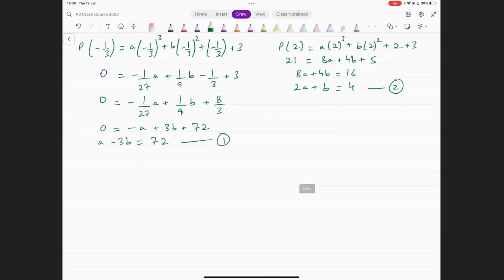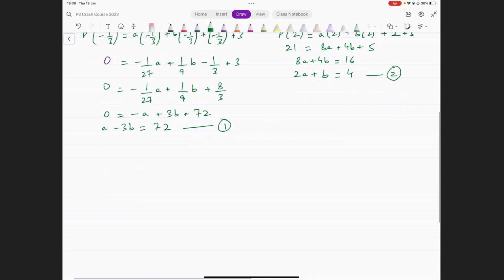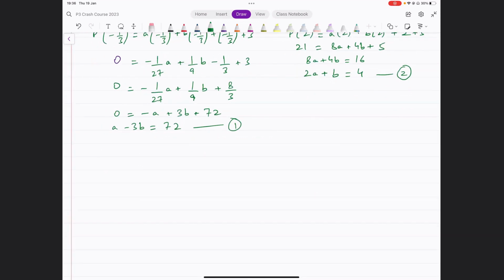Okay, let's find these values. We can use any method that we are comfortable with. Let's say, let's make a the subject here. a equals 72 plus 3b. Now you can take this thing and put it in the other equation. What does that give us?